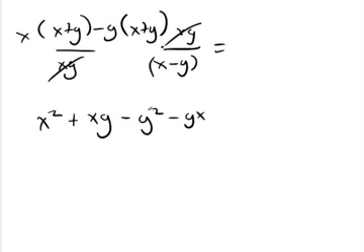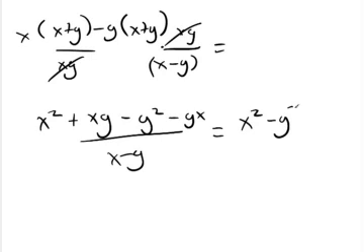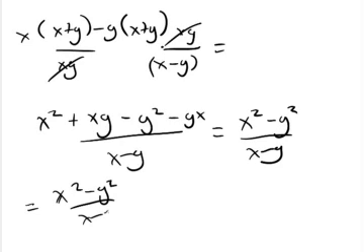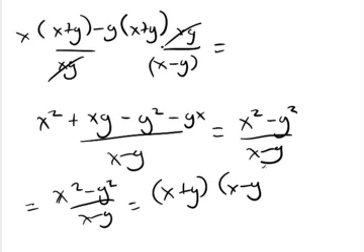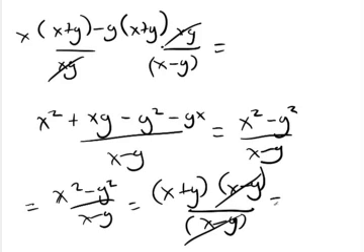I got these reversed here, but it's the same answer, minus y squared minus yx, all divided by x minus y, which is equivalent to x squared minus y squared over x minus y. It's x squared minus y squared over x minus y, which is the same as x plus y times x minus y, all divided by x minus y. These values cancel, and we're left with x plus y, the simplified form of our complex fraction.